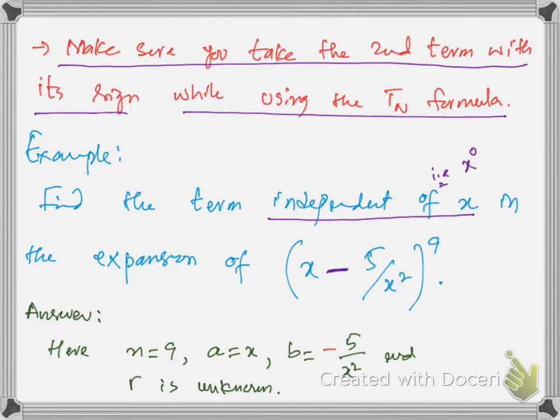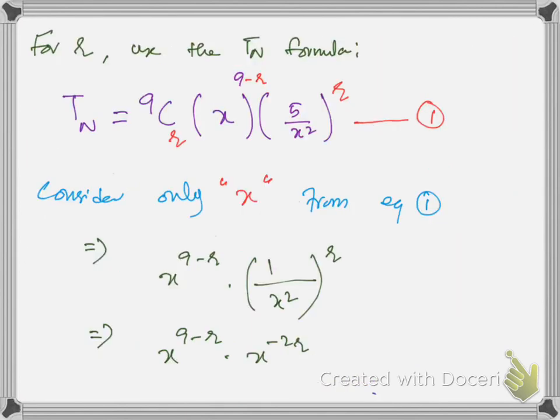We will solve this question by the Tn formula because we need a specific term. Here we have n, small n is 9, a is x, the first term, b is minus 5 upon x square, the second term, and r is unknown. So for r, we use the Tn formula.